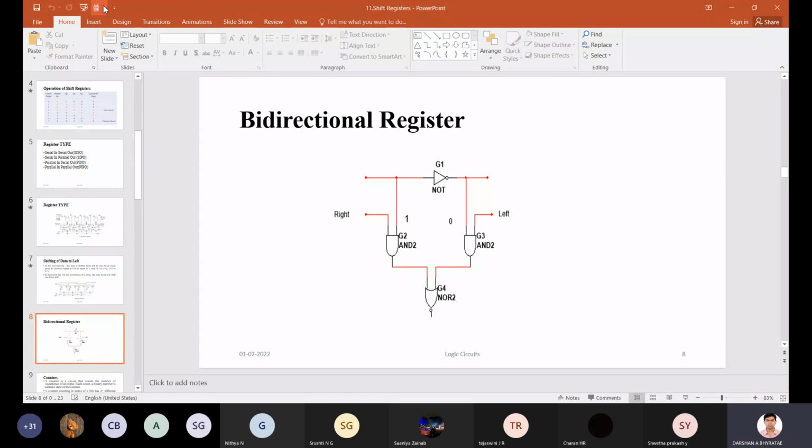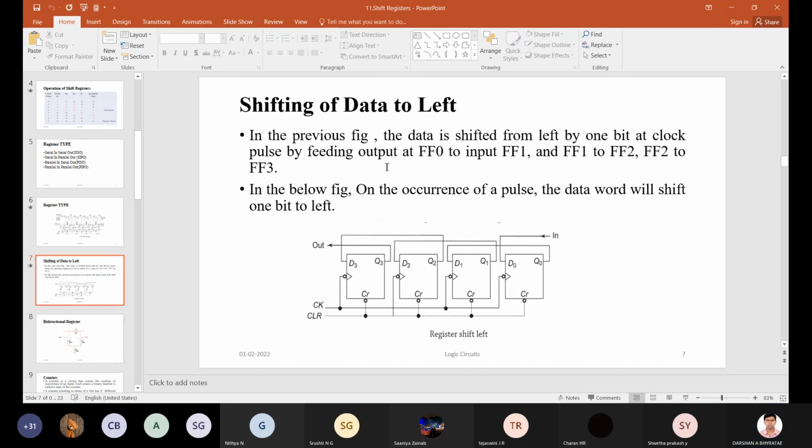Okay, this is the logic circuit that we are going to implement in order to shift. Directional means, if I want to shift this, let me take this as an example. In this example, I am applying data over here, D naught.